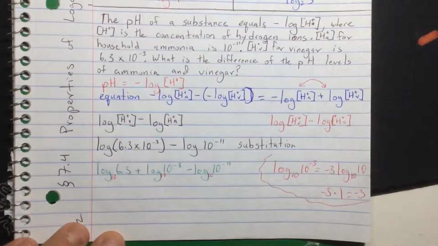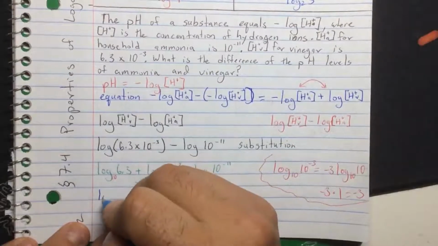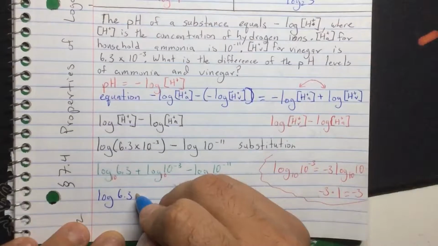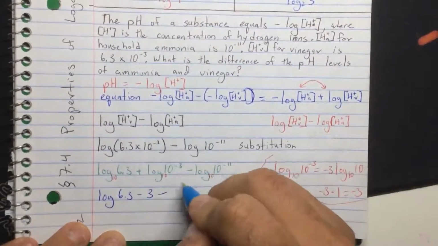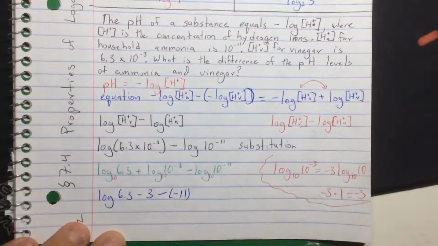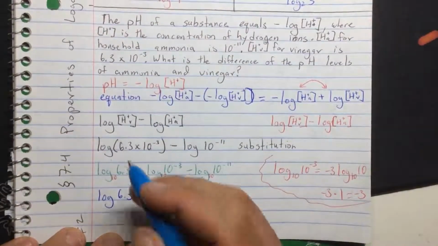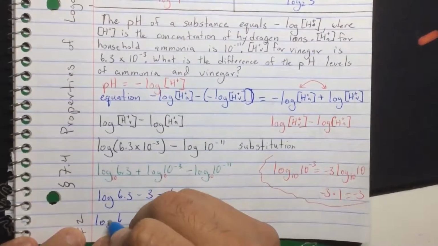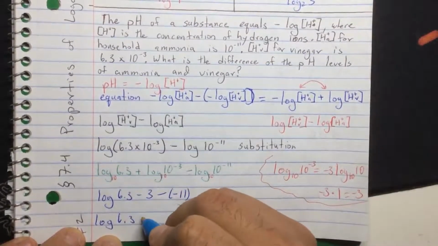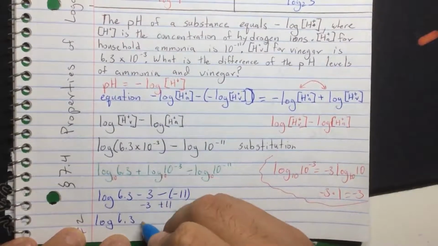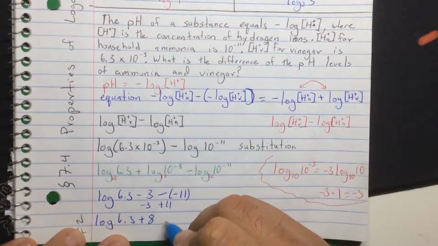So when I rewrite this, it is going to be log base 10 of 6.3 minus 3, and then minus our negative 11, which gives us a positive 11 there. So we have the log of 6.3, minus 3 plus 11, which is going to give us a plus 8.